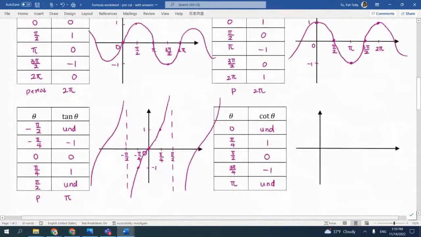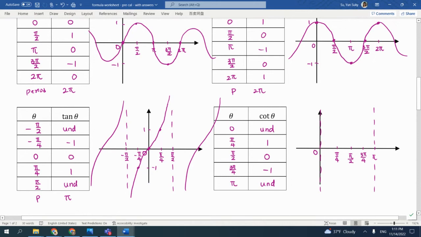And then these are the 5 numbers you need to know. So at 0, undefined means there is a vertical asymptote. And then we have pi over 4, pi over 2, 3 pi over 4, and pi. At pi, undefined means we also have a vertical asymptote.